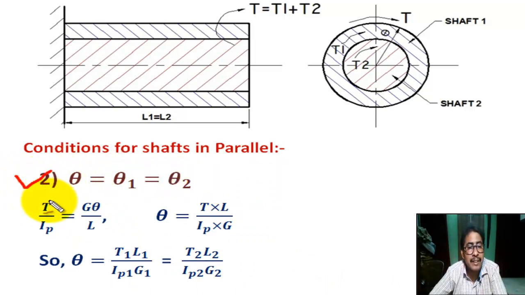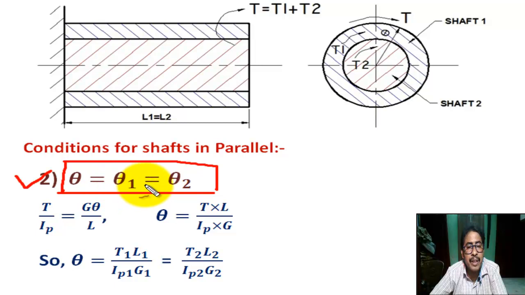Now, the second condition for shafts in parallel: theta equal to theta 1 equal to theta 2.